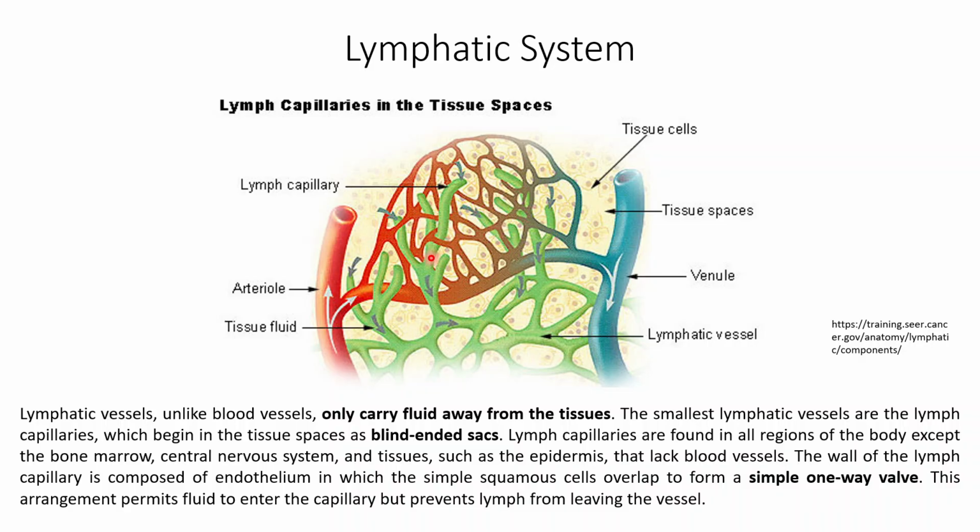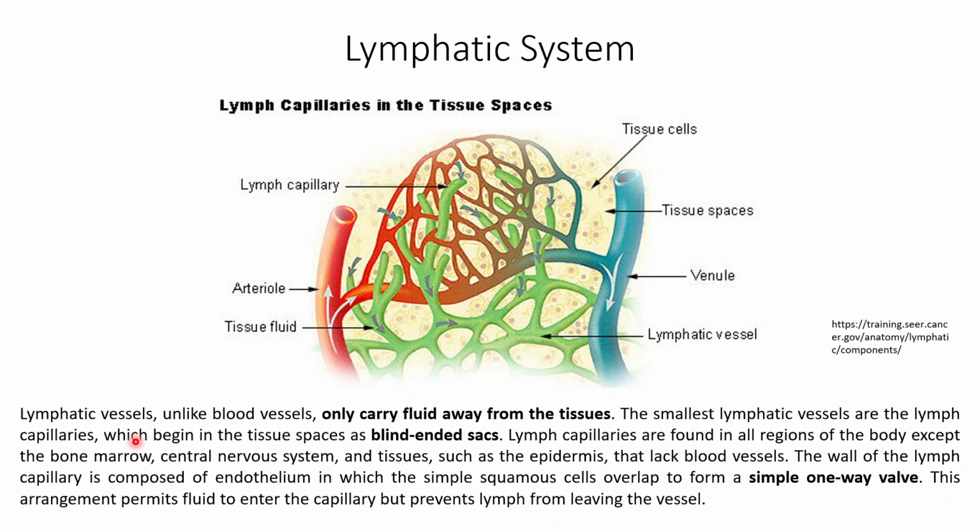It should remain inside so that it flows. Just like how in veins you have valves that prevent backflow, similarly here you have this kind of overlapping cell architecture that allows only one-way movement of tissue fluid. So this is what permits fluid entry but doesn't allow it to leave the vessel.